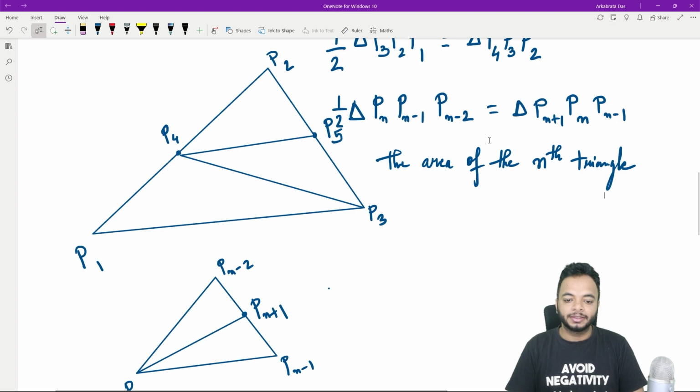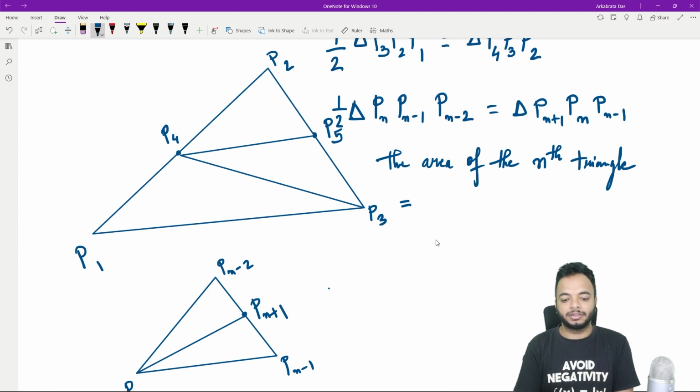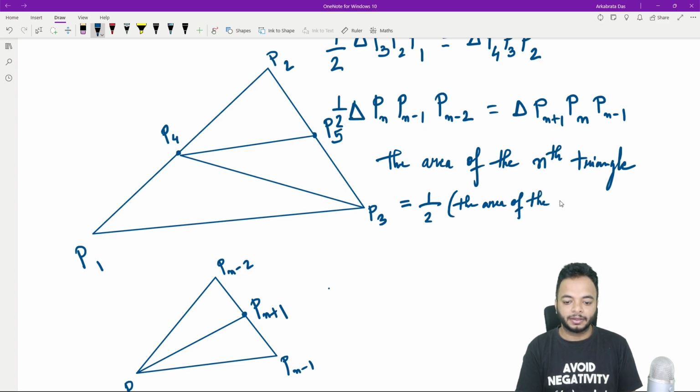Then you can go backwards, so the area of the nth triangle will be half of the area of the n minus 1th triangle.